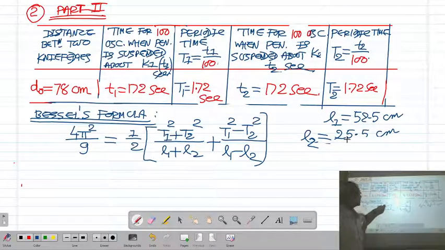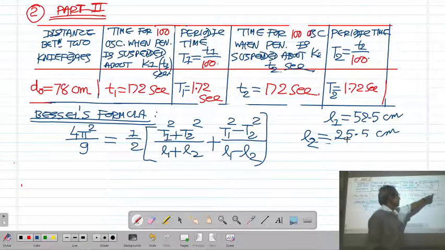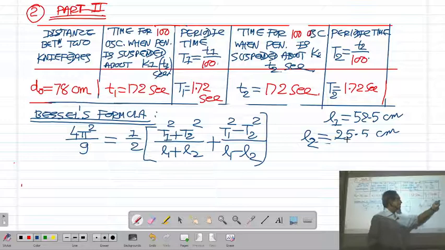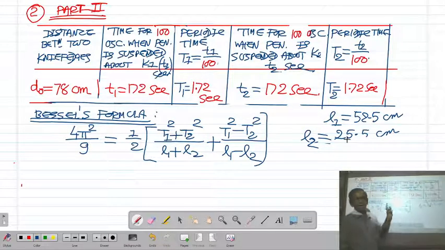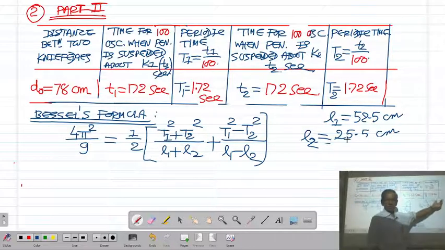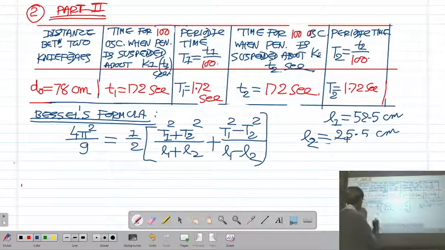So put these values in, and you will get the value of g.